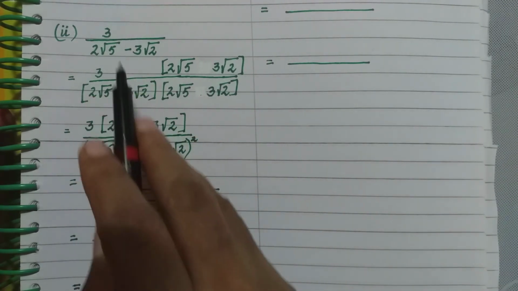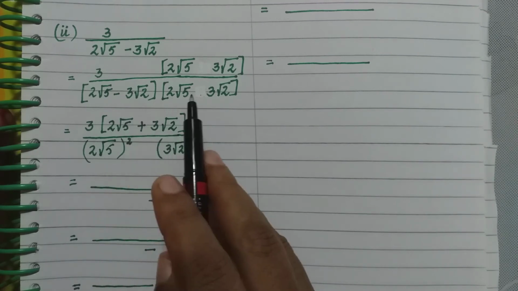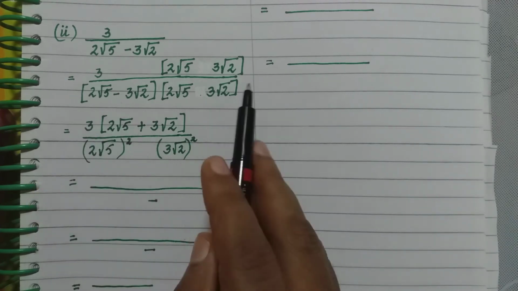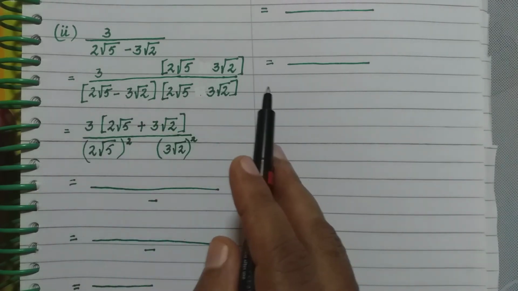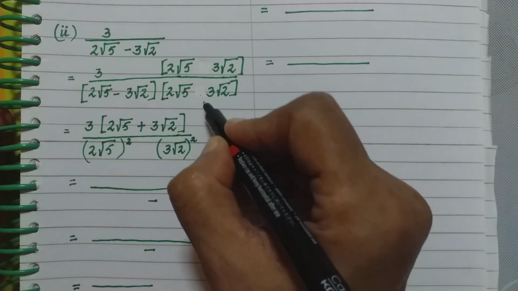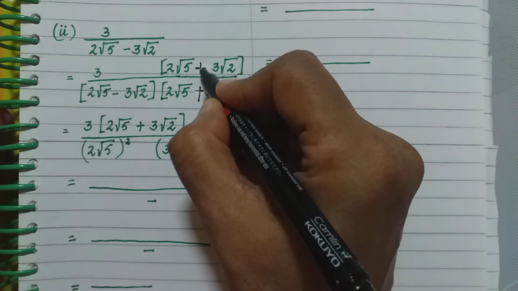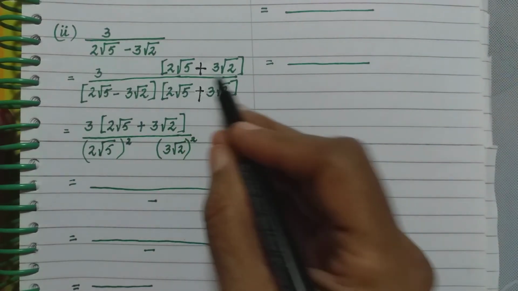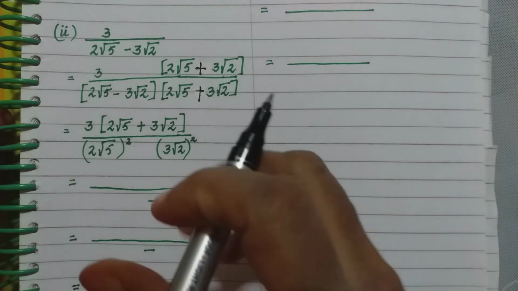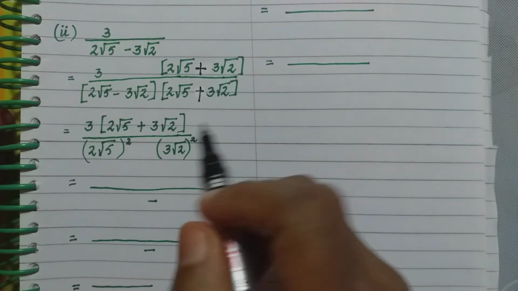So I have to multiply numerator and denominator with the same thing but the opposite sign. Here it is minus, so here it will be plus. Here also it will be plus. So you see here 2 root 5 plus 3 root 2 and 2 root 5 plus 3 root 2.